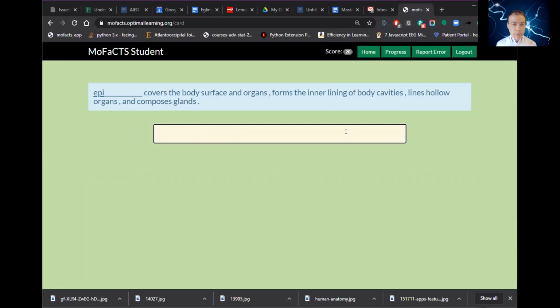Anyhow, next item. Epithelium covers the body surface and organs. Epithelium, if I remember from the chapter, if I had read it. Tight junctions typically join cells that form layers, such as those that line the inside of the digestive tract.